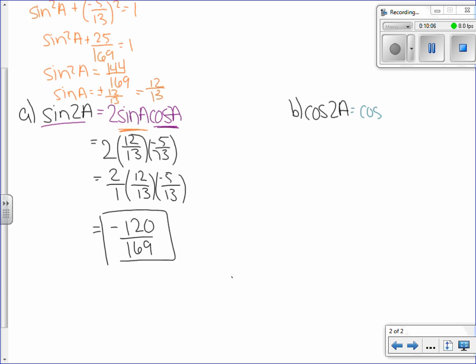So this is cosine squared A minus sine squared A. And I just found out that the sine of A is equal to 12/13. And in the original problem, it told me that the cosine of A was negative 5/13.